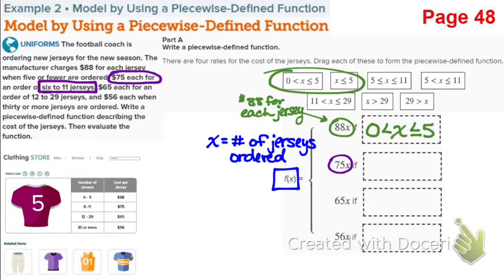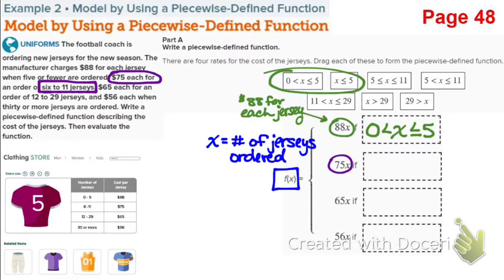Which inequality would let me say that? I want between 6 and 11 jerseys. Which inequality would let me choose between 6 and 11 jerseys? Last one in the first row, this guy right here.